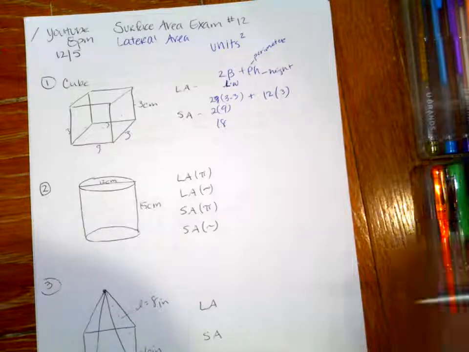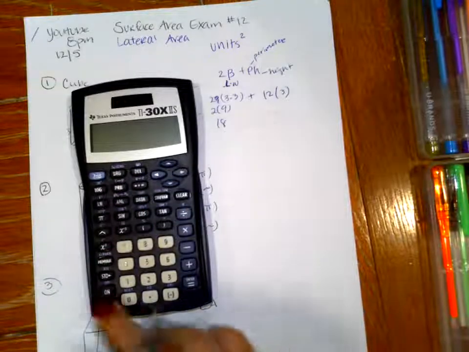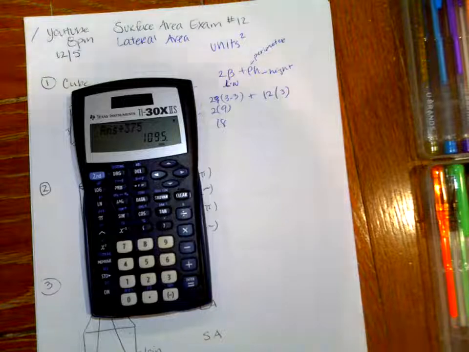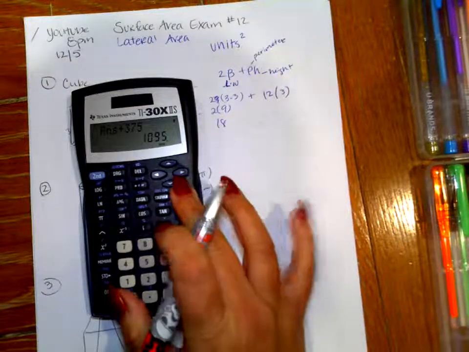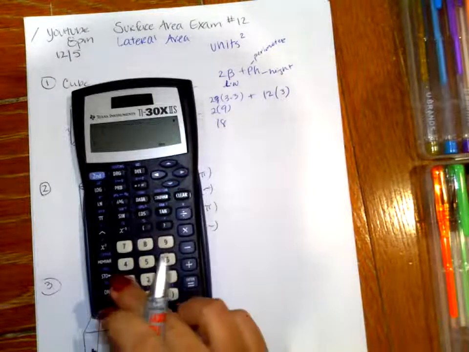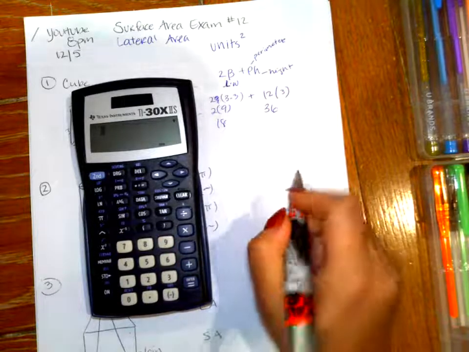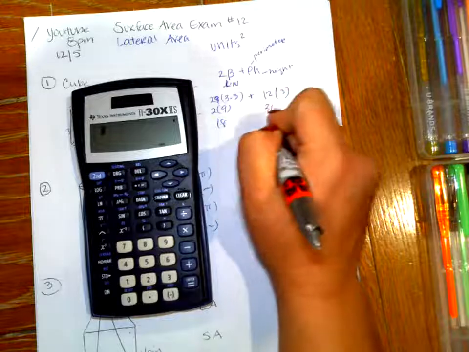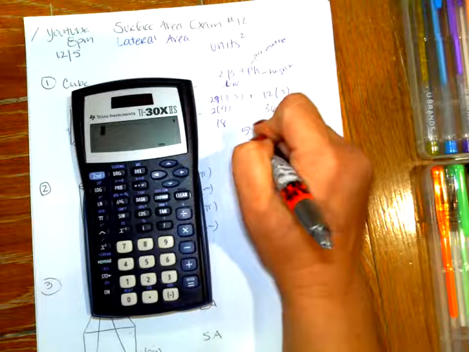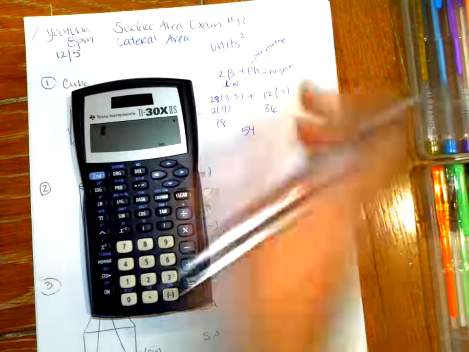You're going to be given calculators again on your exam, so you don't need to worry about things like pi. You can plug all this stuff into your calculator, whatever you need to do. 12 times 3 is 36, right? So I've got 18 plus 36, which is going to give me 54. Now, what did I just find? 54.